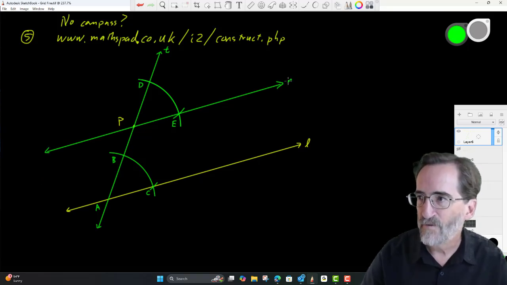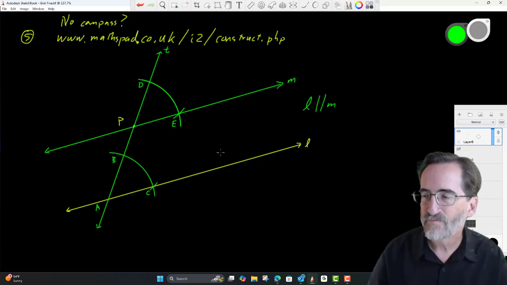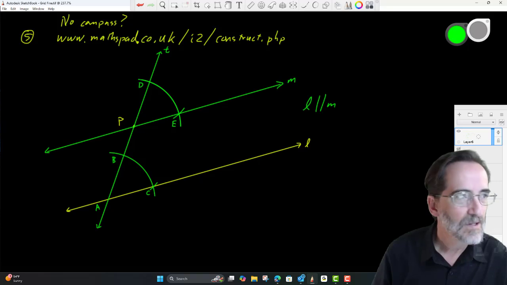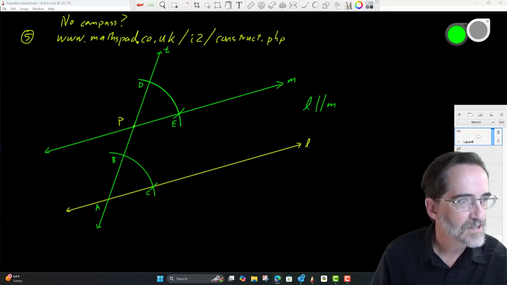Let's call this M. And we can say that L is parallel to M. Right, so that's number 5. Number 6.